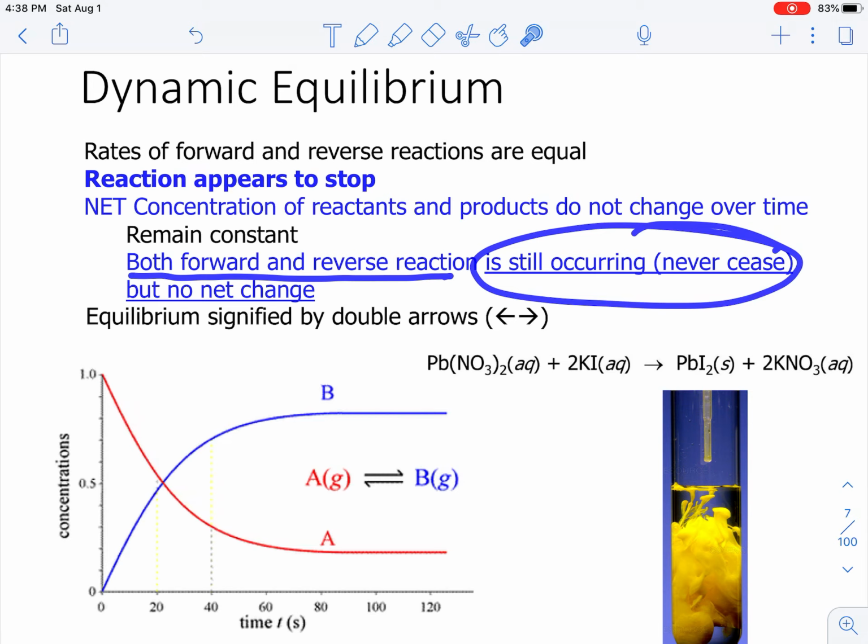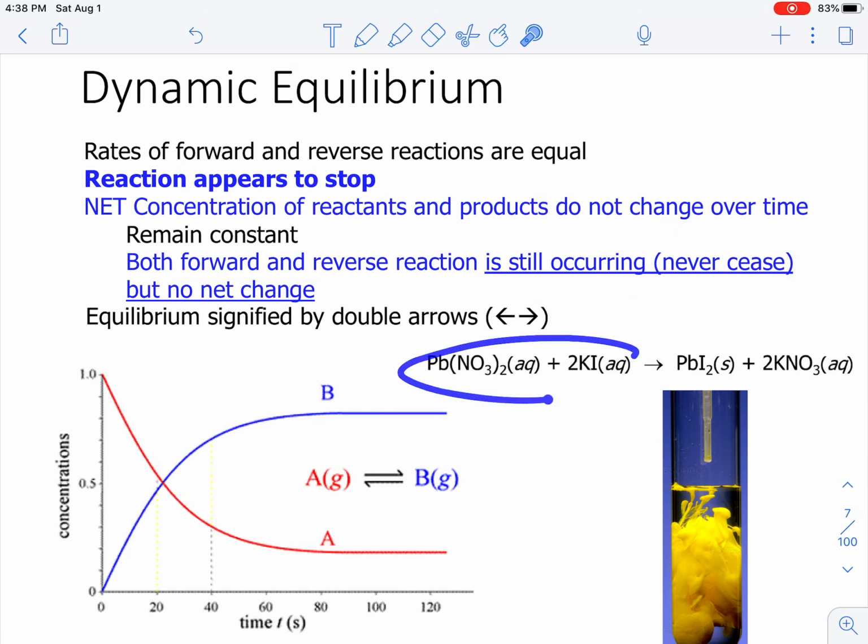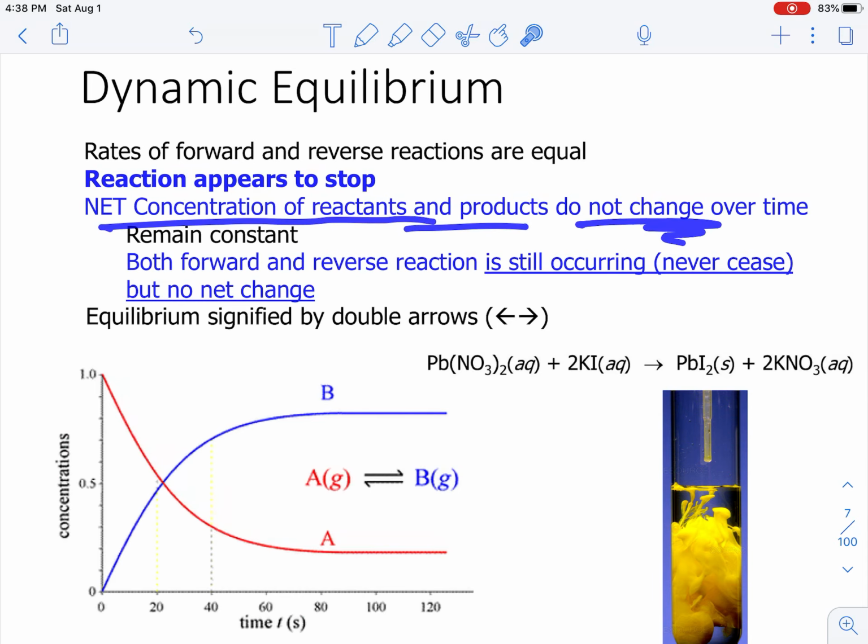It never ceases. So all of these reactant particles and all of these product particles are still colliding, and they're still producing reactants and products. But since the rate is the same, the net concentration of reactants and products does not change over time.